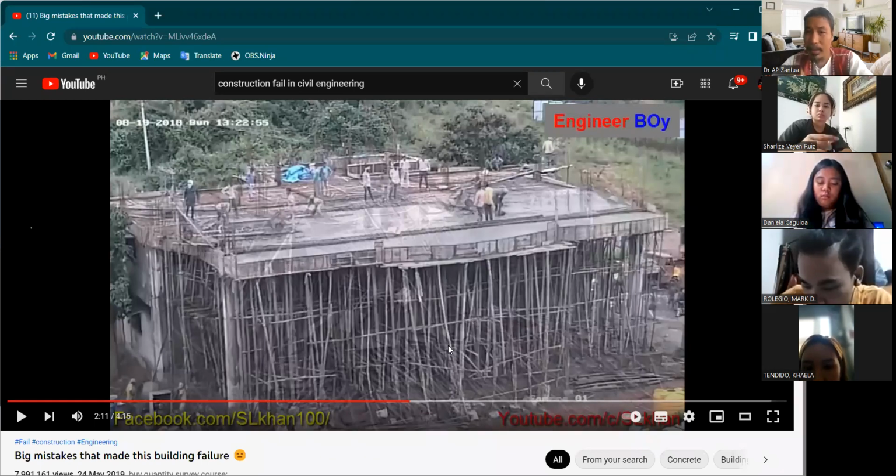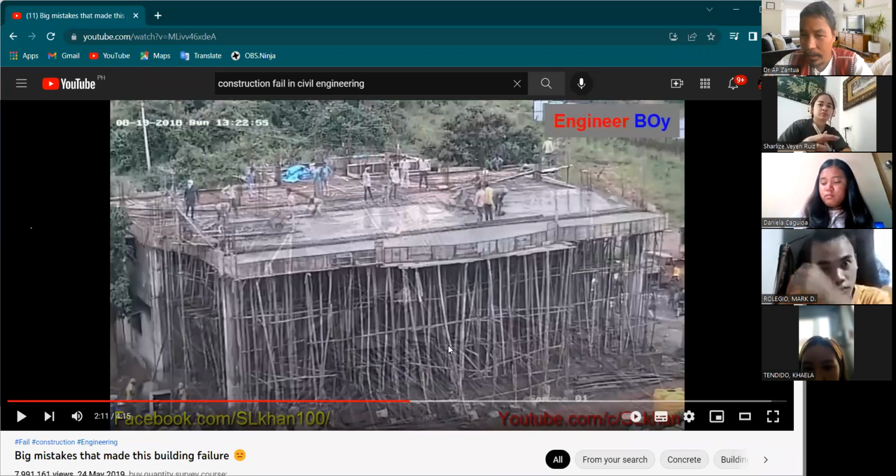Imagine if you are the engineer and you are the one who will sign the construction. Okay? And imagine if you are a fresh graduate and just passed the board exam and you are going to sign, and then in the following year you will be in prison for how many years?